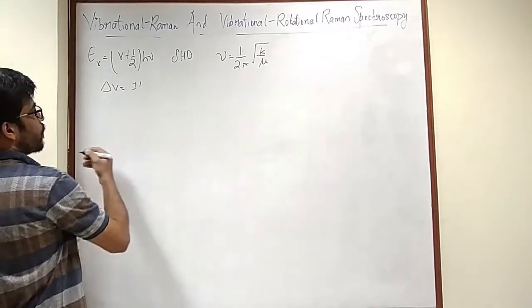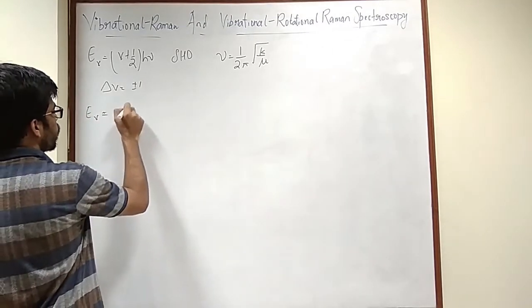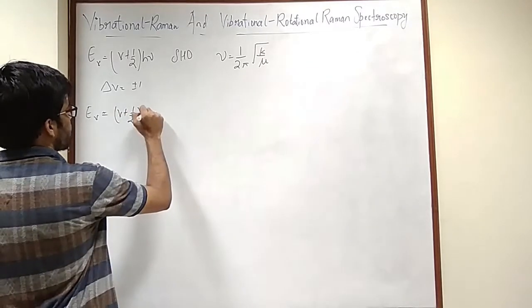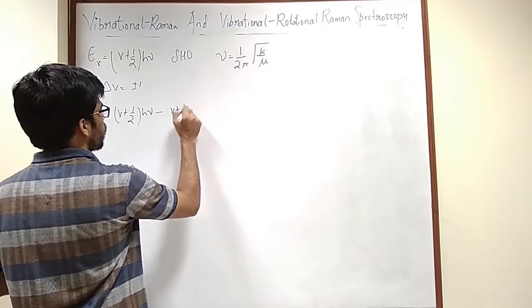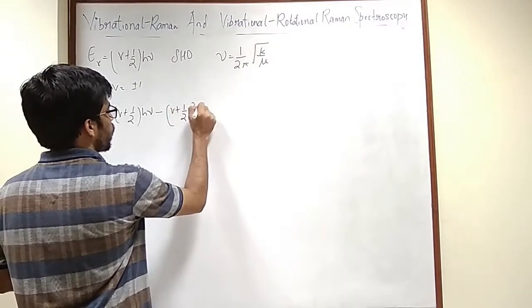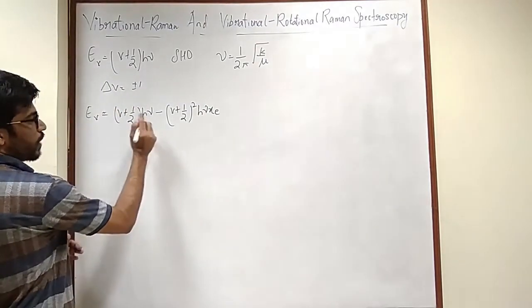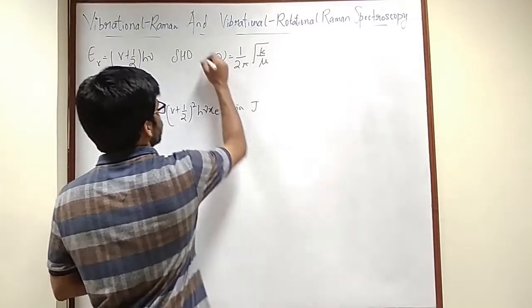If you consider the case of an anharmonic oscillator, the energy levels are represented by (V plus half) h nu minus (V plus half) square h nu xe. Now don't be confused about why there is h nu. These are in joules.